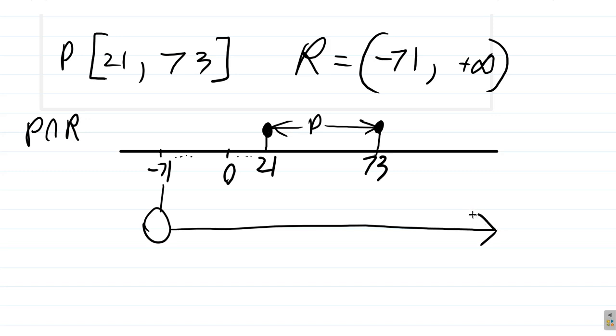Now, when you look at the intersection, it includes 21 and 73.